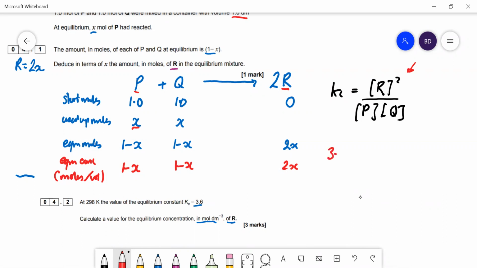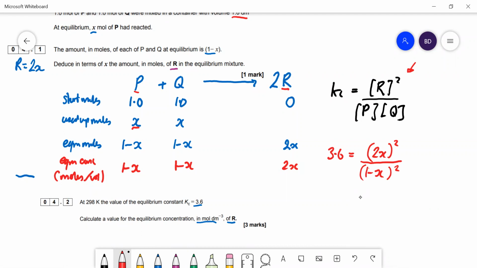So 3.6 is equal to, well, R is 2X all squared. Yeah, so that would be 4X squared. I'll leave it like that. And P is 1 minus X, and Q is also 1 minus X, so that's 1 minus X squared. Now, you can multiply out that equation, and you would get a quadratic equation, and then you could use the quadratic formula to work out what X is.